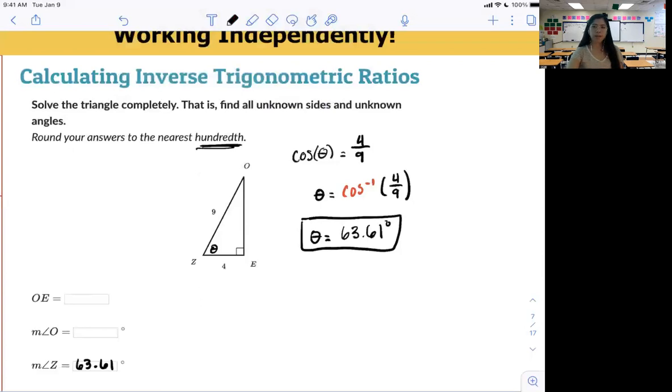If altogether they're 180, then I just take that away from 180, or even easier, I can just take it away from 90, because since E is already 90 degrees, then Z and O have to add up to 90. So 90 minus 63.61 gives me 26.39 degrees. That's angle O.